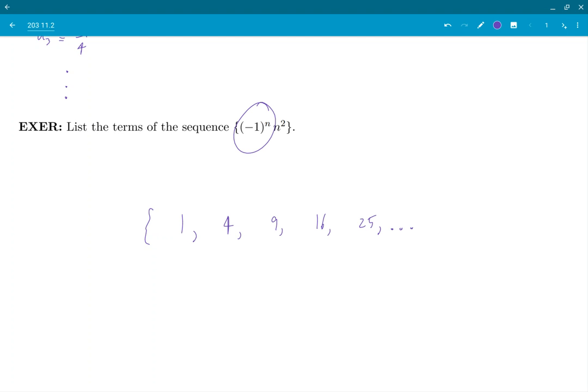Now, this is what's called an alternating factor. Because it's going plus, minus, plus, minus, plus, minus, it's alternating back and forth. Now, when n is 1, this is negative, so I put a negative here. But then when n is 2, it's positive, and it's negative, and it's positive, and it's negative, like so.